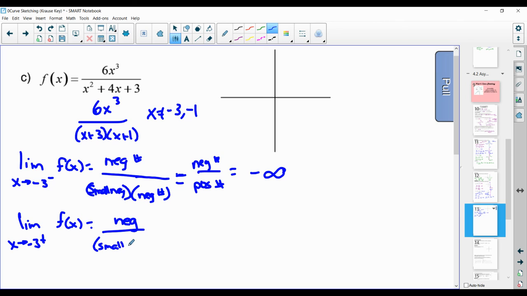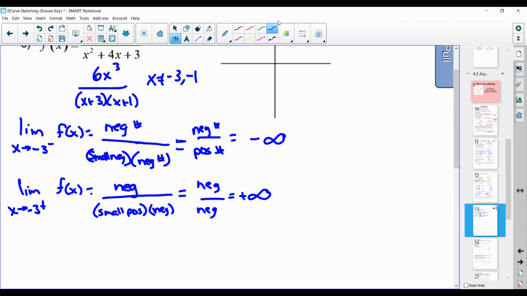It'll be a small positive number. And if I take a number to the right-hand side of negative 3 and add it to 1, it's still going to be negative. So now this time we're going to have a negative divided by positive times negative, which is negative, and a negative divided by a negative is positive. So as x is approaching negative 3 from the left-hand side, our function is approaching negative infinity. As we approach from the right-hand side, we're approaching positive infinity.